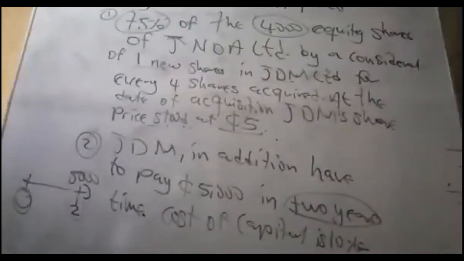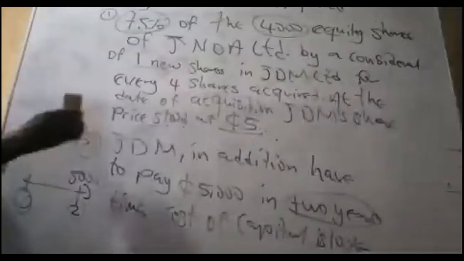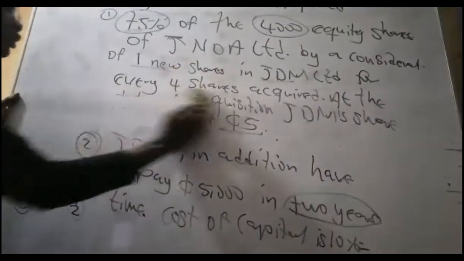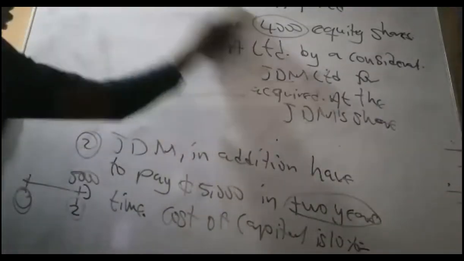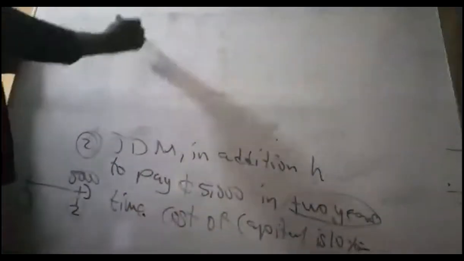Okay, so now I can take off the first section so that I can spell out the steps in here. For deferred consideration, all you need to know is step 1, just find the present value, PV, of the consideration.